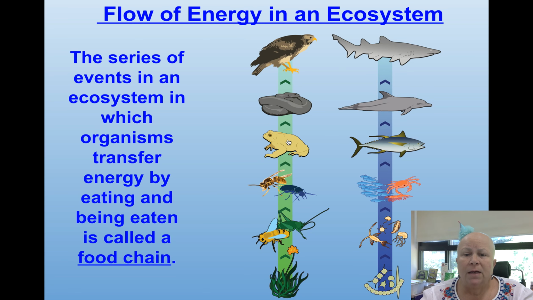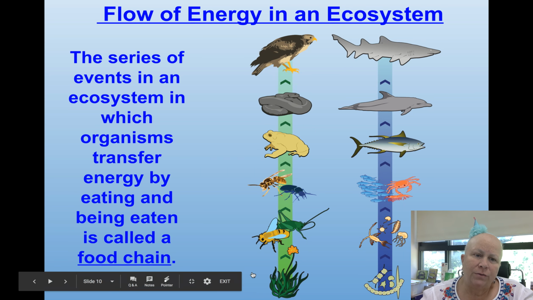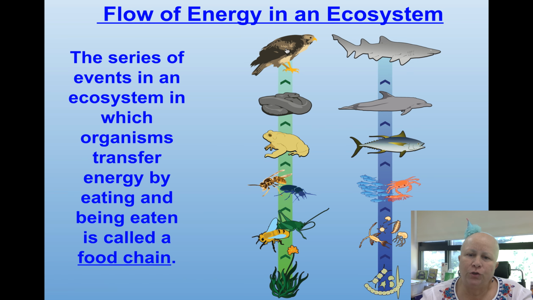And then the frog is eaten by a snake of some kind, and the snake is eaten by a hawk. So that shows that the food energy is traveling from one organism to another, okay? And that's called a food chain.